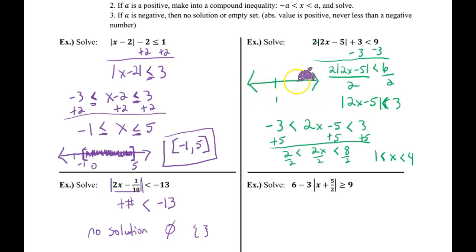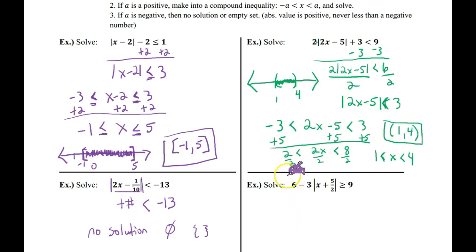I've got 1, 4, and again, they're coming together. It's got to be all the distances less, so they're coming in, and everything in between will be a distance less. So there's our graph, and in interval notation, it would be from 1 to 4, using parentheses, because my original was strictly less than, there was no equal to bar.